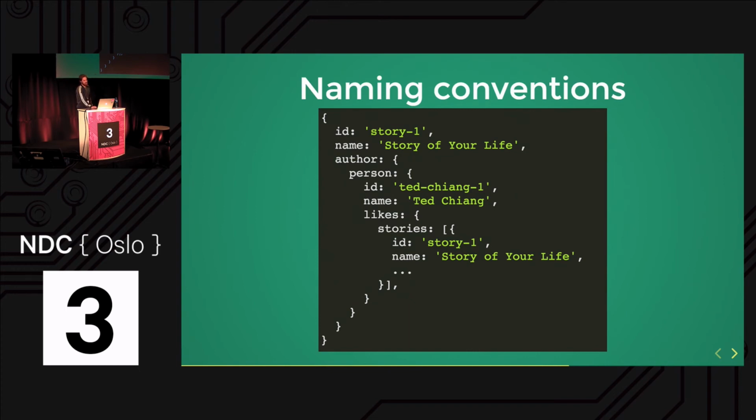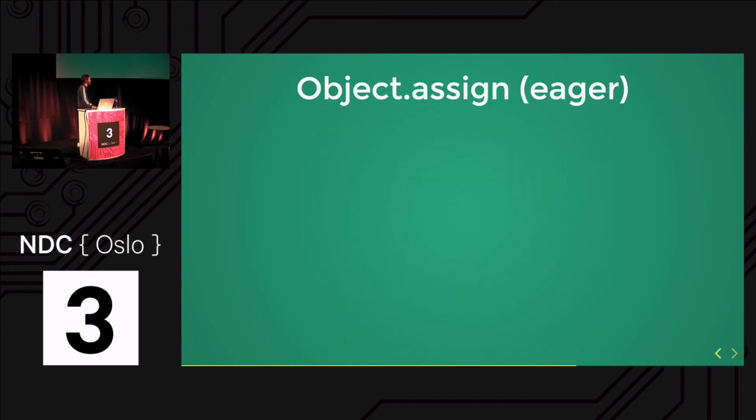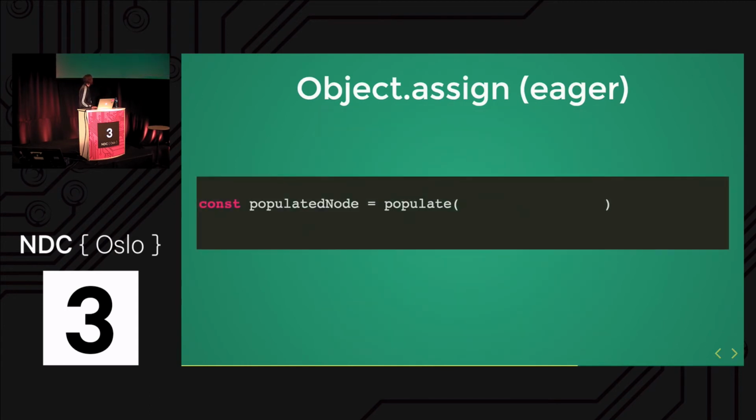And the first thing we did was try to do this naively with something like Object.assign. So the code here isn't important, but we tried to solve this using Object.assign, and to create some sort of interface here where we could say, I want to have a method called populate, which I can pass some sort of depth. How deeply do you want to be able to access this graph?